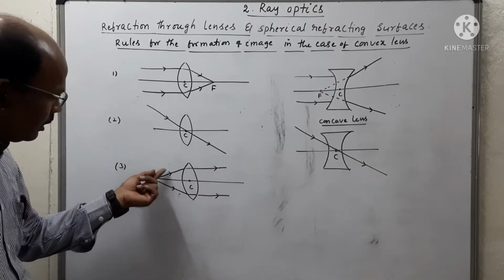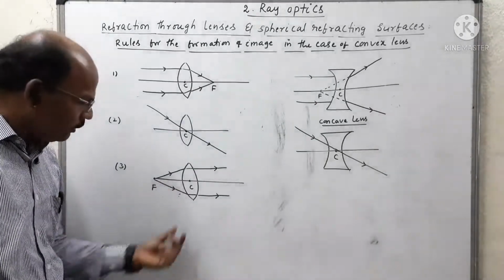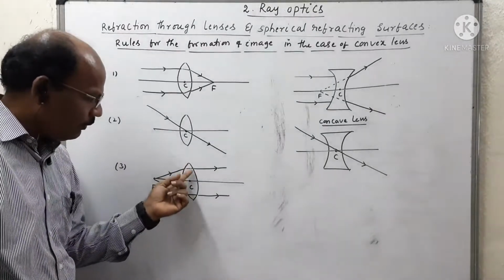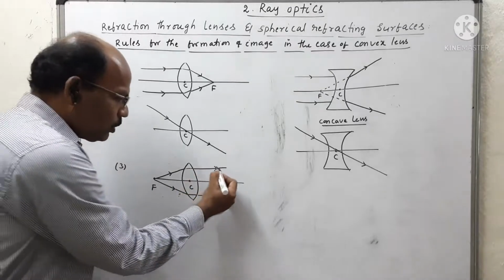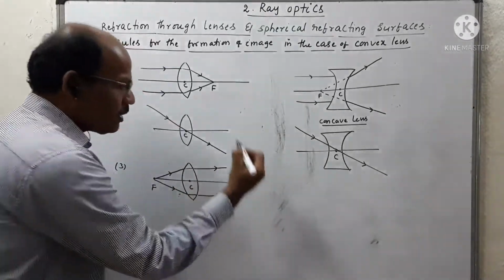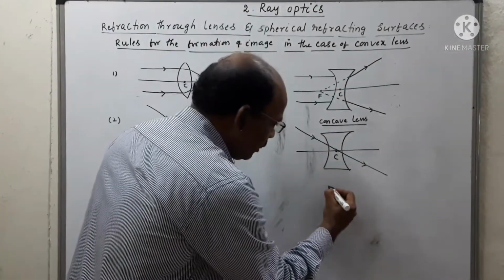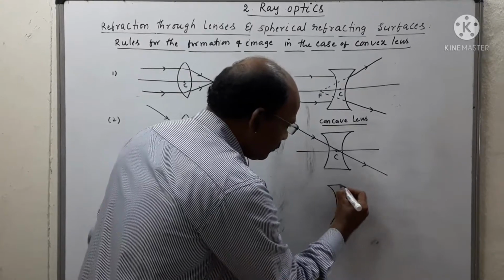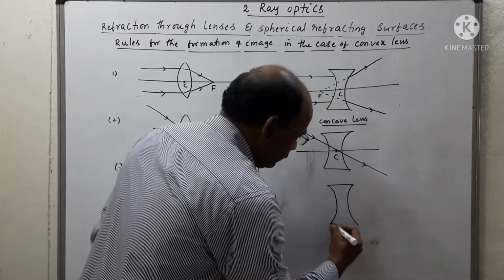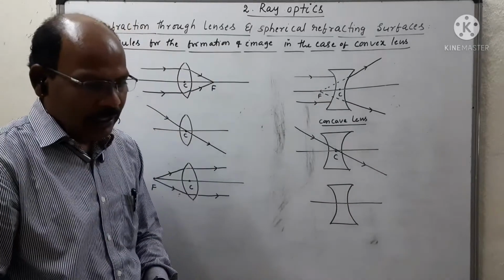Okay? So these are the light rays which are passing through the focus of the convex lens. After refraction takes place, they produce a parallel beam of light, or light rays parallel to the principal axis. Similarly, here also we are observing the same pattern. So this is the principal axis.